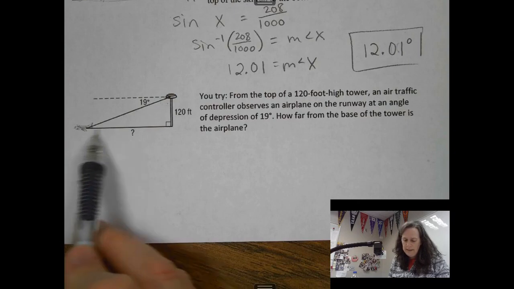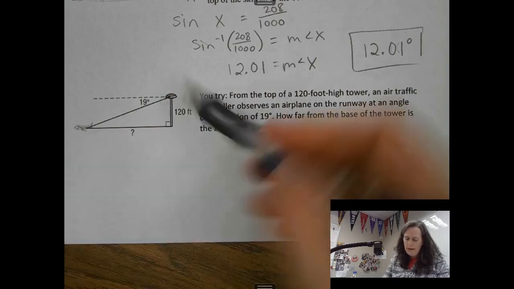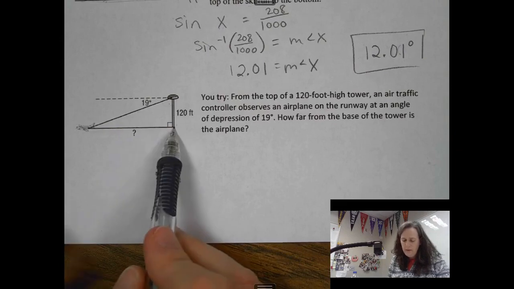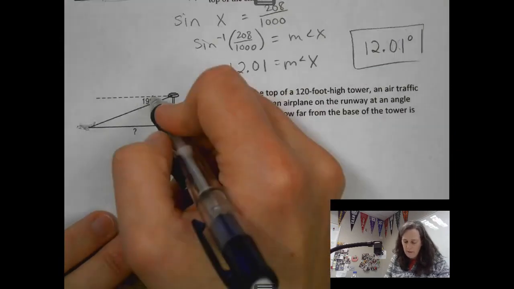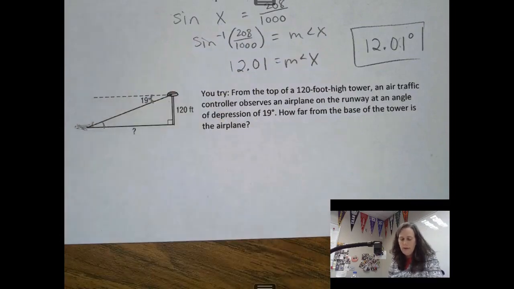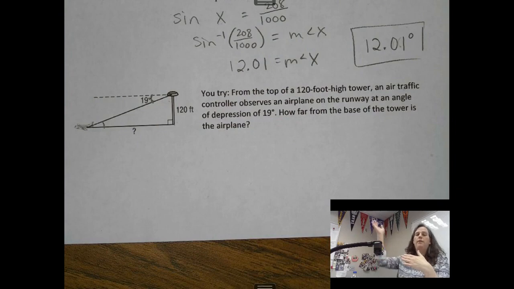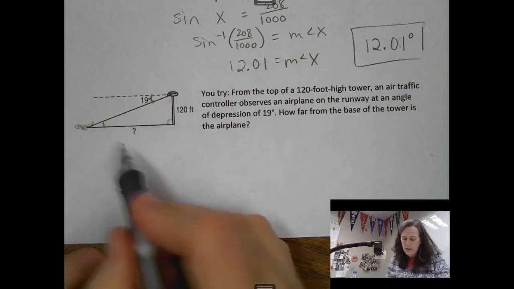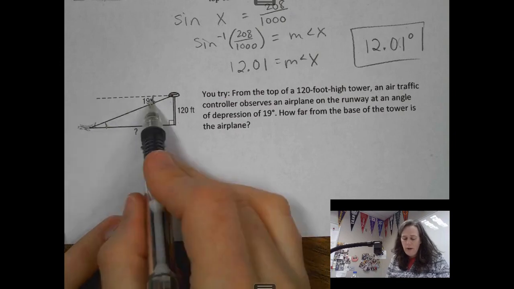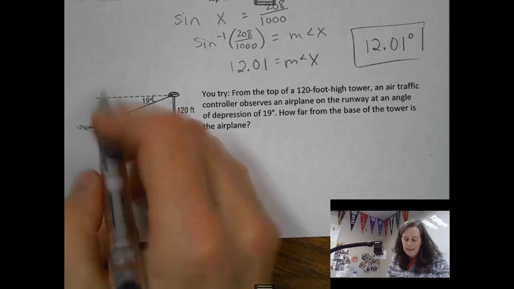So we're looking for this leg. We've got this leg, looking for that leg. We don't even care about the hypotenuse. Now remember that these angles are congruent because those are two parallel lines, both horizontal, cut by a transversal. So we're going to work as if this is the angle we have, 19 degrees.